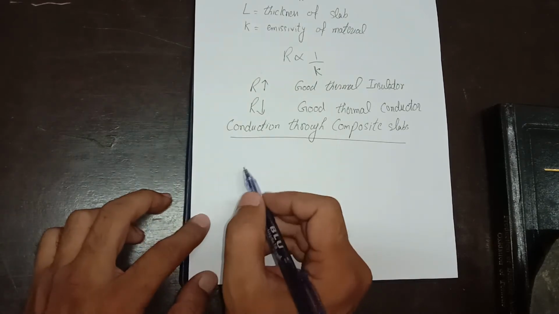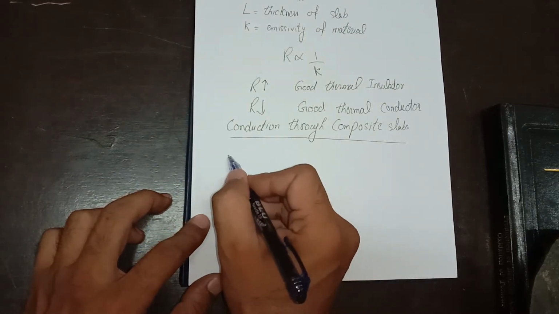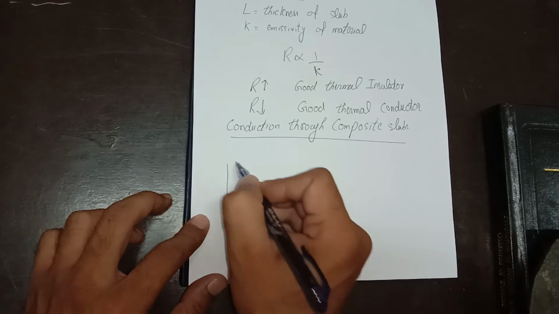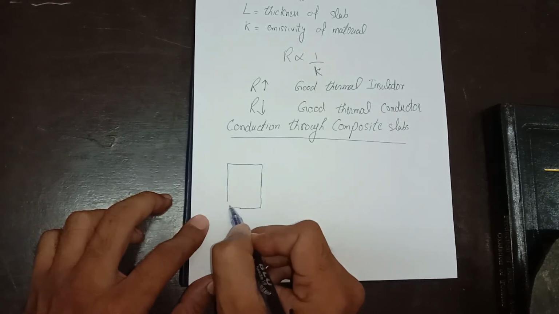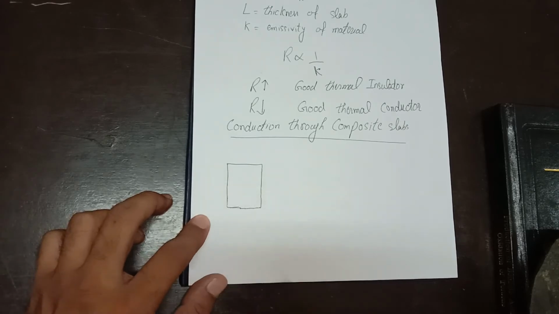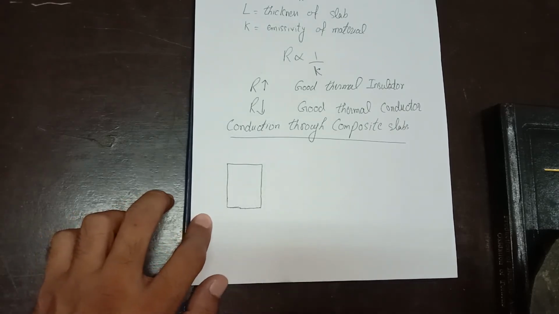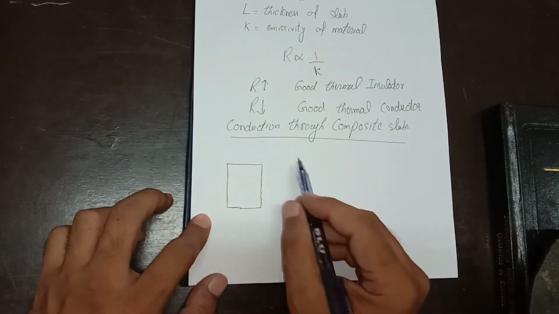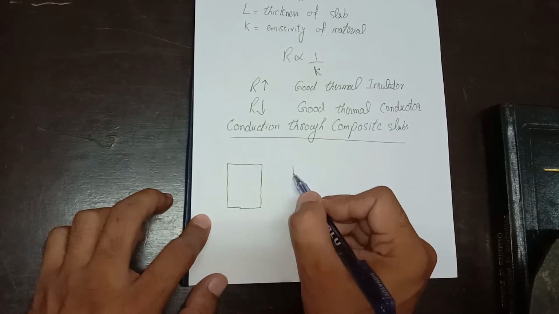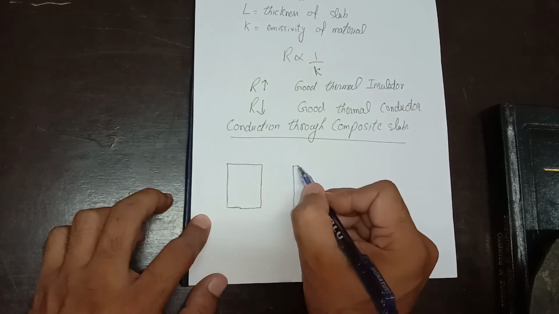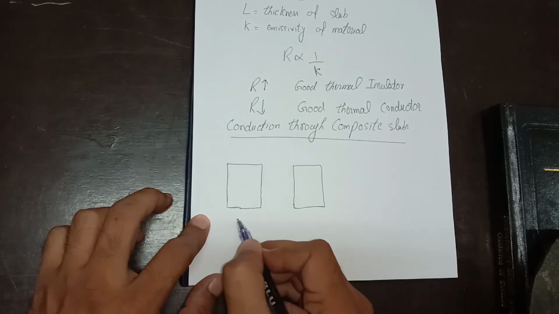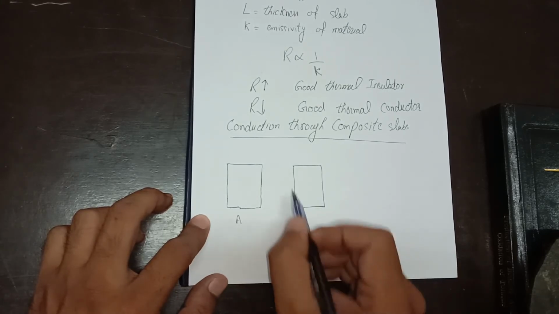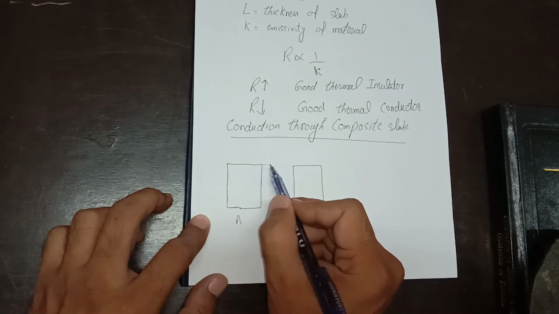Suppose in this case we have two composite slabs having the same area. Let's say they have the same area, A, but they have different thickness.